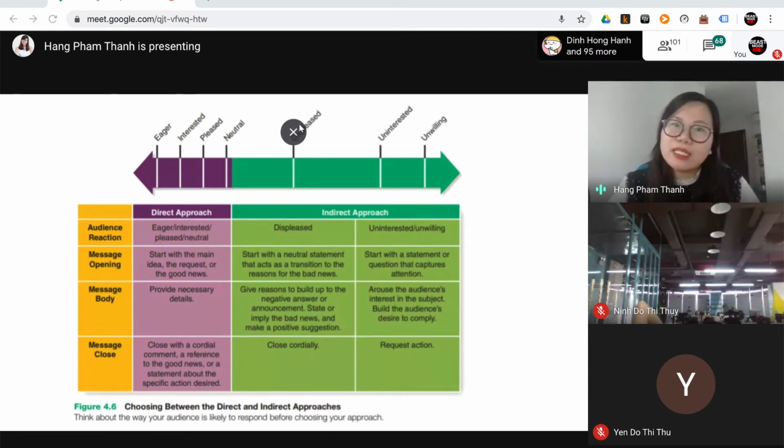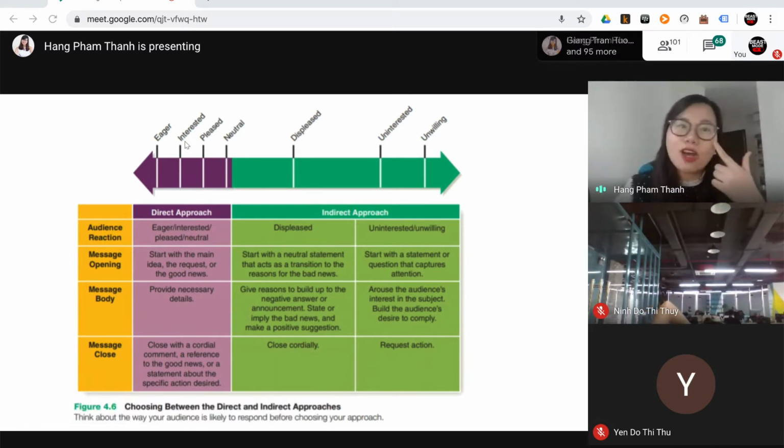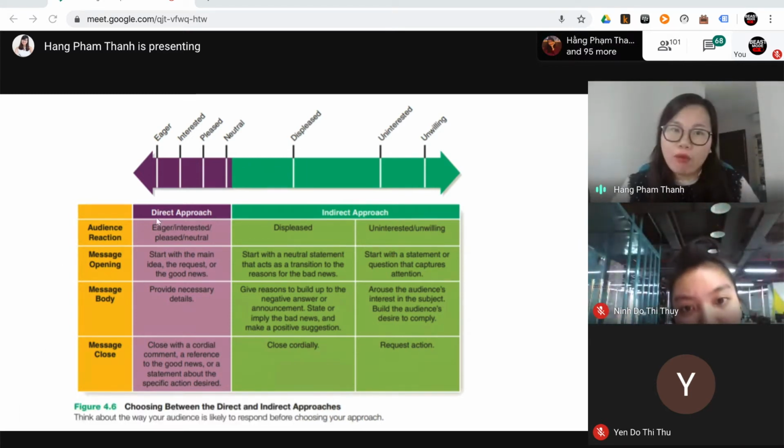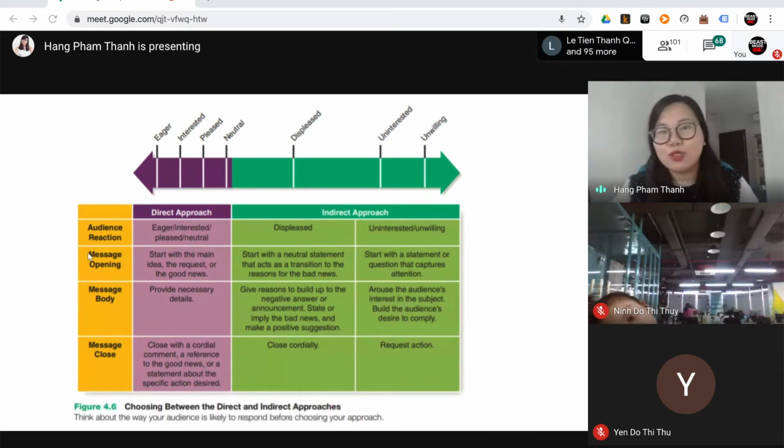In these situations, when the audience is unwilling, uninterested, or displeased, it is advised that you use the indirect approach. But if they are neutral, pleased, interested, or even eager to hear the message, then you should use the direct approach. Okay, and then they also give you some instructions on how to write the direct approach and then the indirect approach. Later in the next lecture, we will learn in detail about how to write these two approaches.